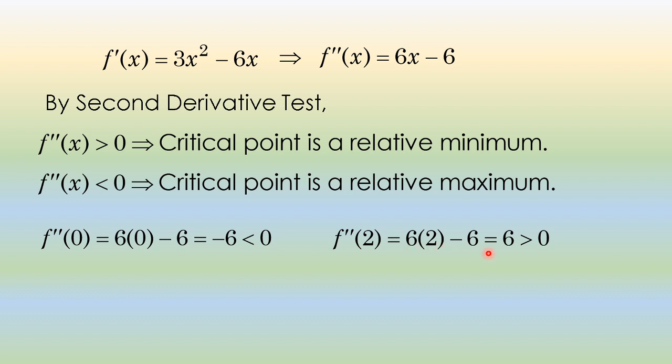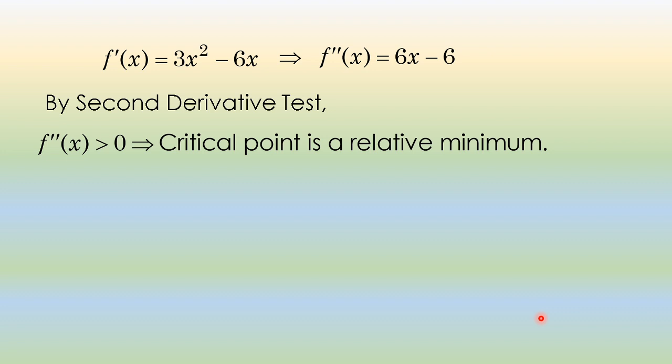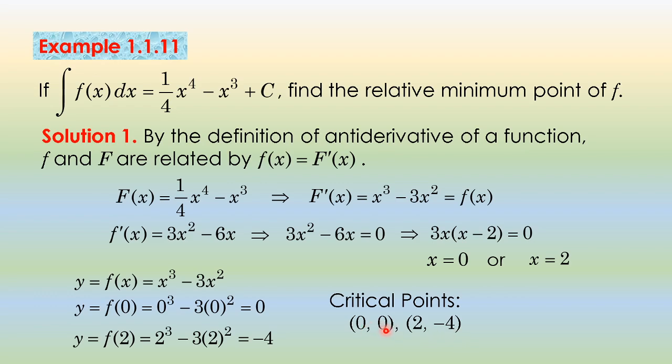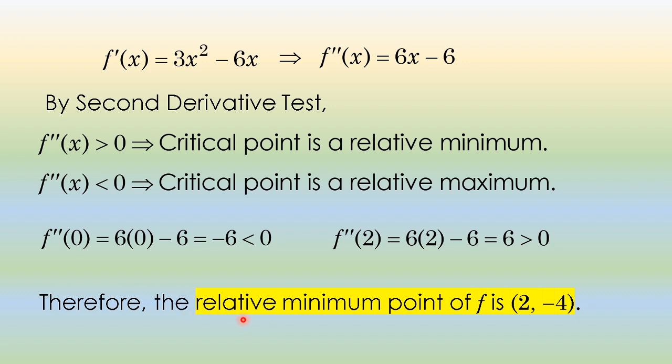So 12 minus 6, that is 6, which is greater than 0. Therefore, the relative minimum point of f is 2, negative 4. This critical point. By the way, 0, 0 is a relative maximum point. Again, the relative minimum point of f is 2, negative 4.